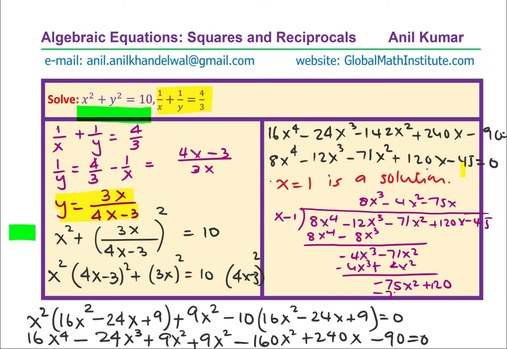So minus 75x squared plus 75x, so that gives you 45x, right?